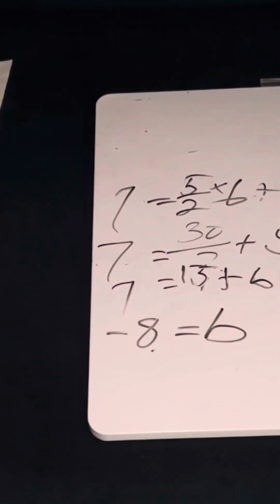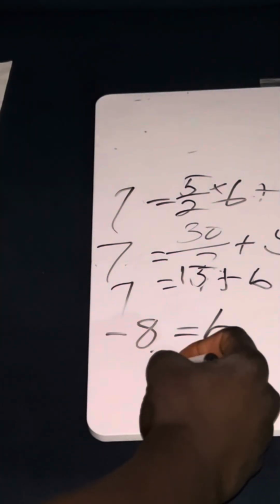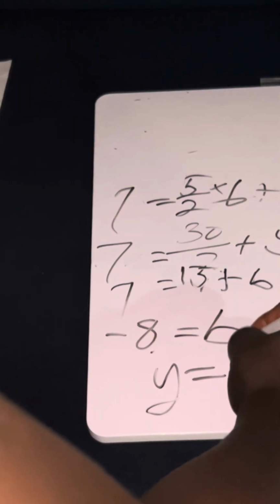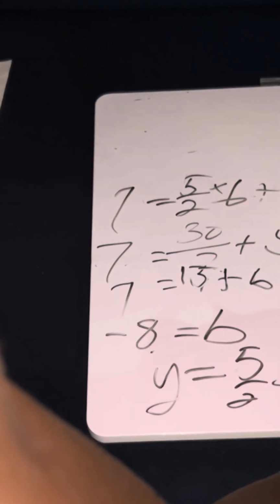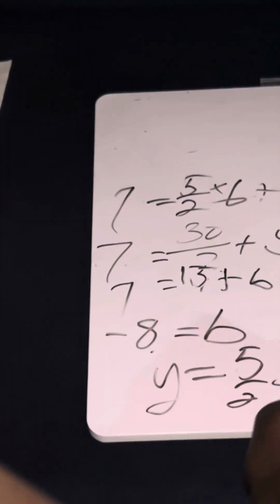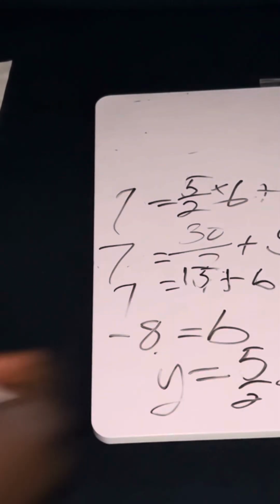This is our final answer, and we are going to write the equation finally as y is equal to 5 over 2 x minus 8.